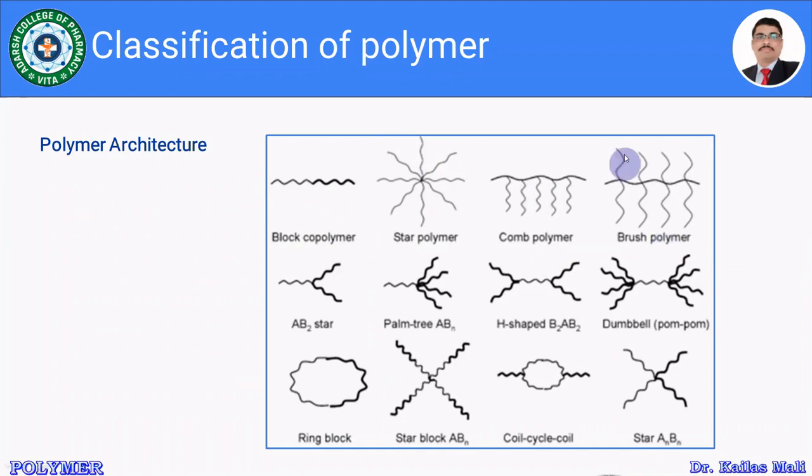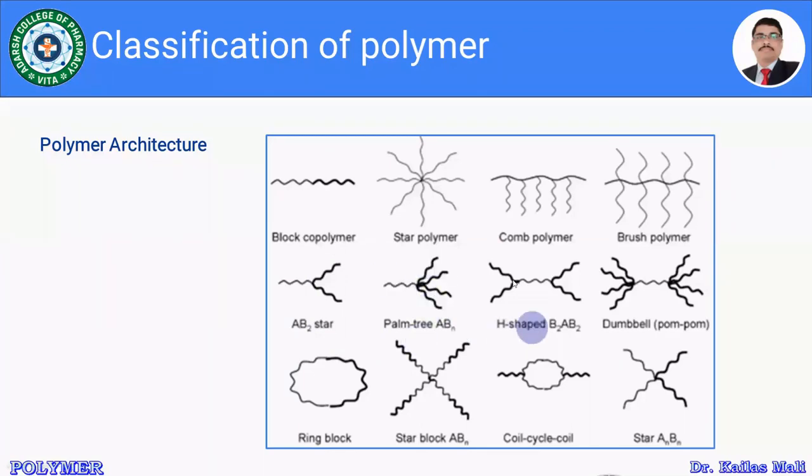Then the brush polymer, this is the main backbone, and these are the other chains. Say this is a B polymer, and this dark one is A. Then here the light one is A, the dark one is B, so it is said to be the AB2 star. Then the palm tree AB, here it's an A chain and these are the B chains.